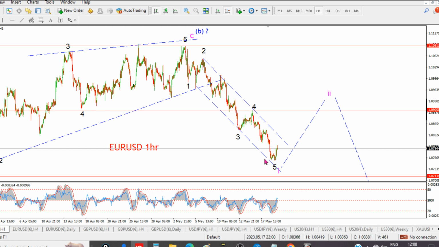So next week, I think we'll focus on building a corrective lower high in wave 2, and the following week then look for wave 3 down again. So overall, we're still working our way lower in 5 waves. Next week, a little consolidation, I think, in wave 2.